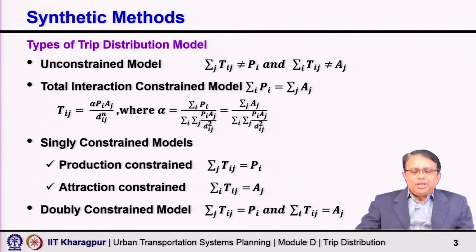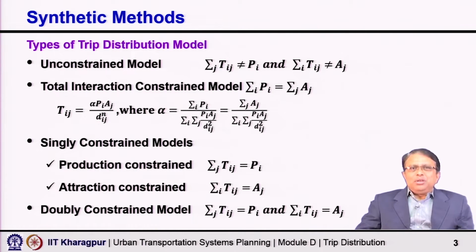And the same way, this is equal to the sum of A_j for all the destination zones divided by sum over i, sum over j of P_i A_j by d_ij to the power 2, or d_ij to the power n, as the case may be. So, then it is called the total interaction constraint model, a model ensuring that. That is what is happening.